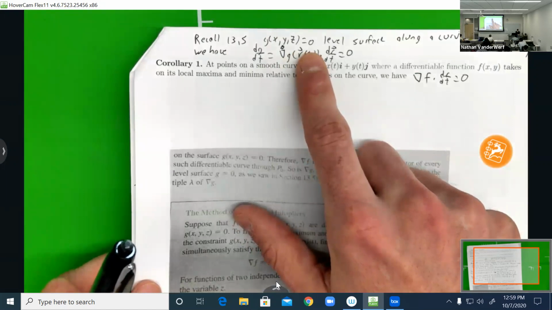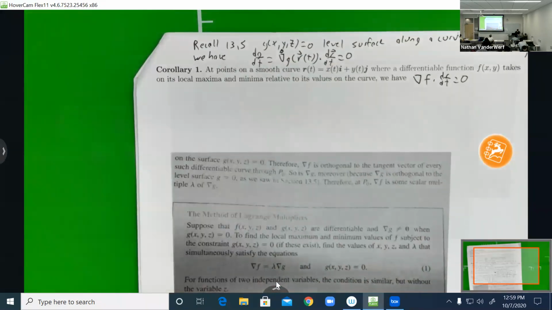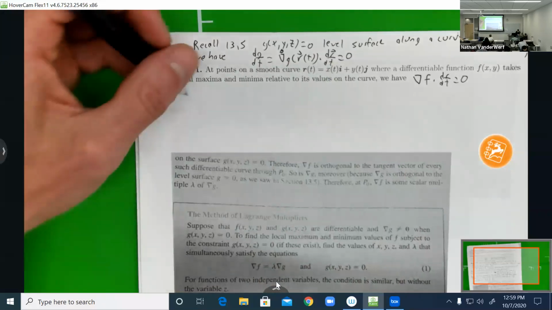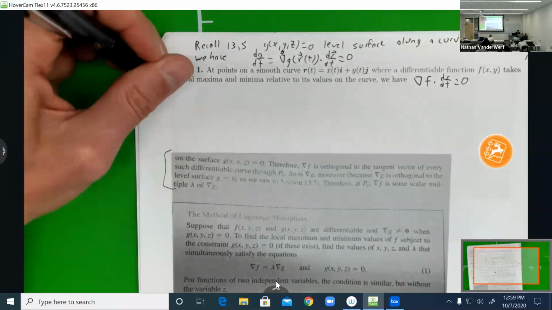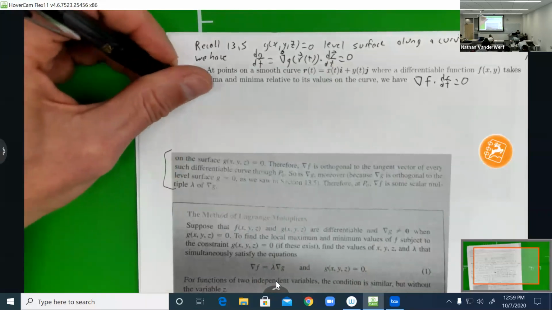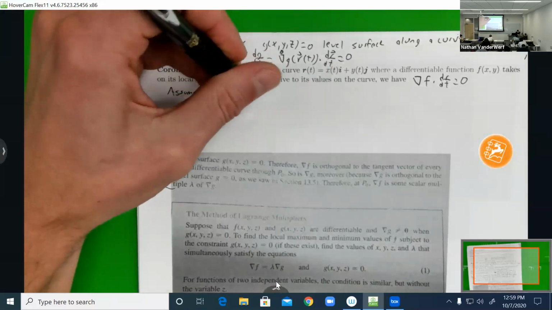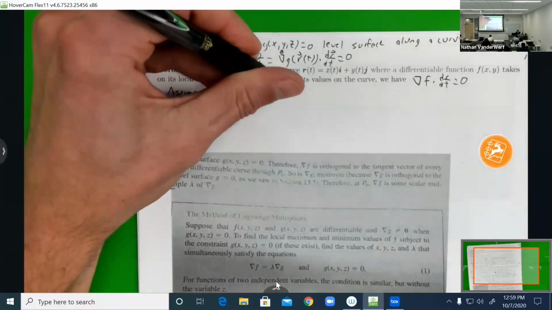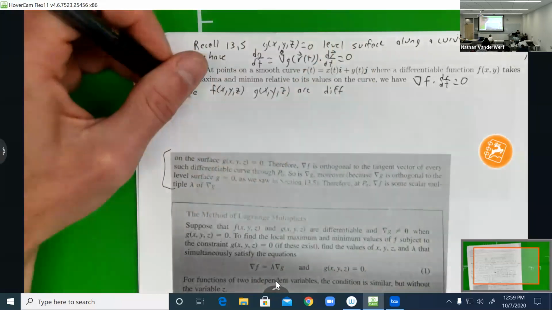So different reasons, okay? So what does all this mean? Now we're going to write a little bit here and continue. We're going to assume that f of x, y, z and g of x, y, z are differentiable. That's one of the assumptions.